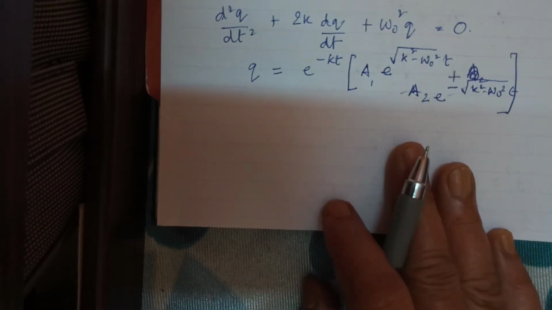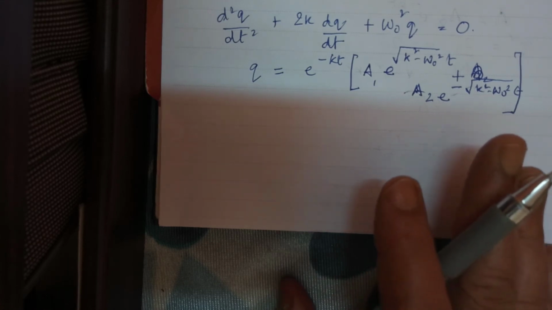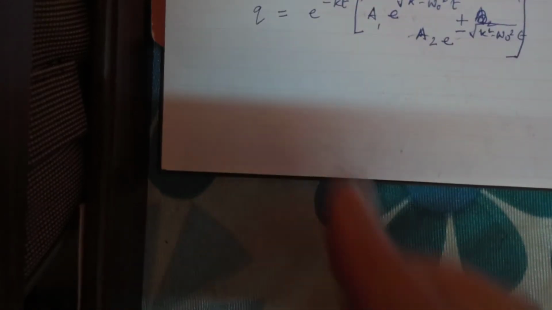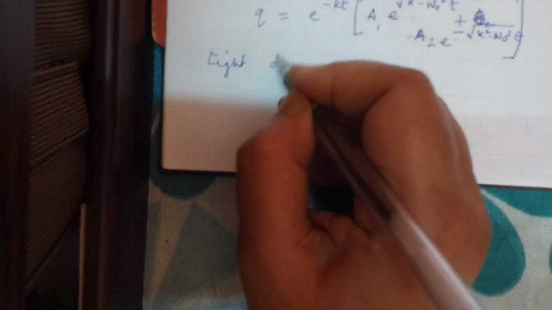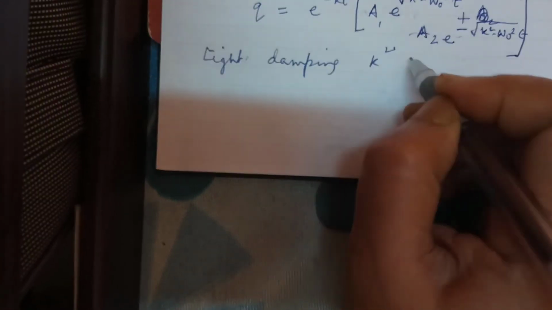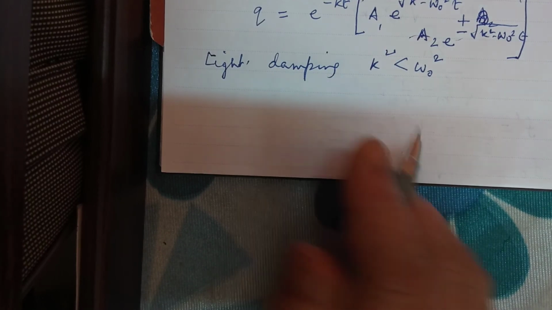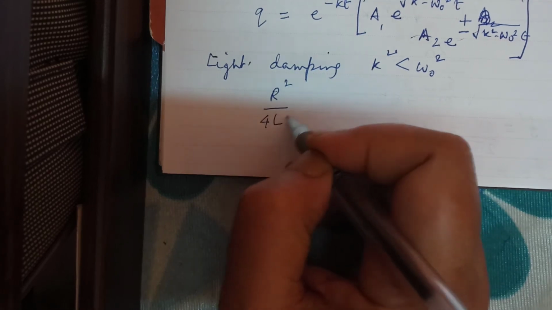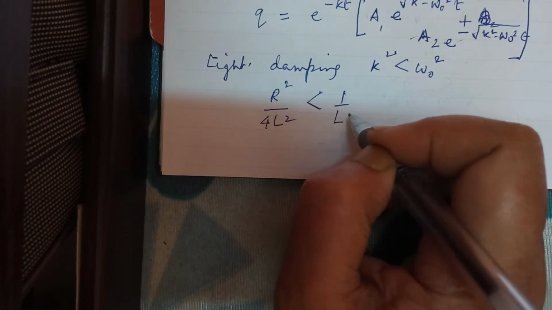Now here also you will get the conditions of heavy damping and critical damping. For light damping, what is the meaning of light damping? Well, k square less than omega 0 square, isn't it? You will see R square by 4L square is less than 1 by LC.